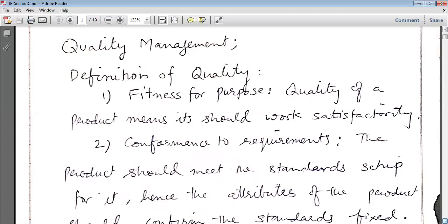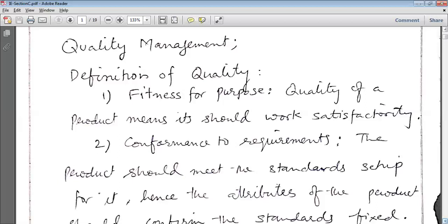That means it conforms to its requirements. If my job requirement is to teach you well, and I am conforming to the standards, giving good lectures and teaching you well, then I must be a good quality product.